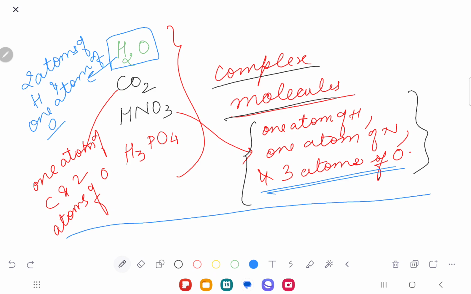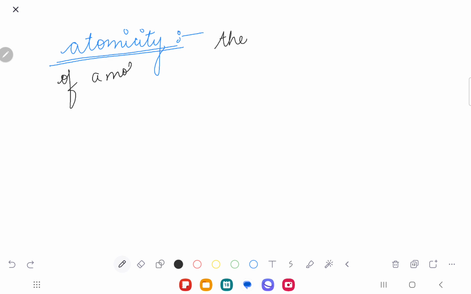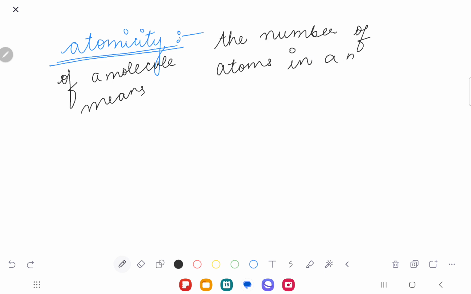There is a term called atomicity. Atomicity basically means the number of atoms in a molecule.